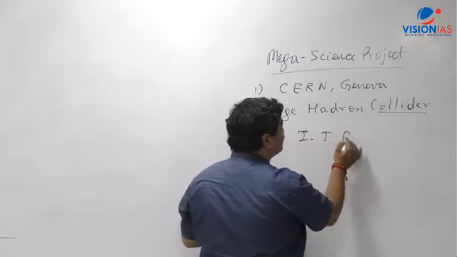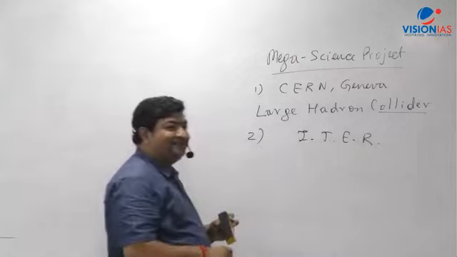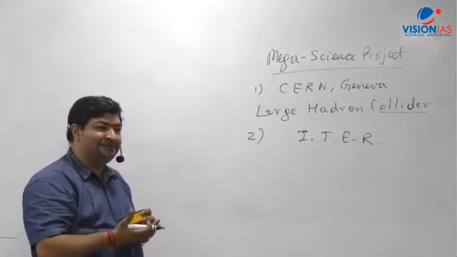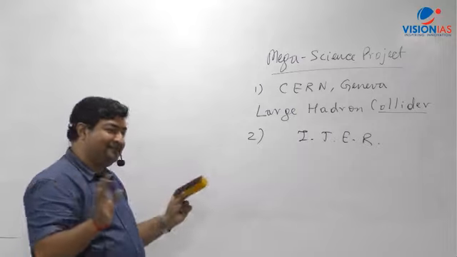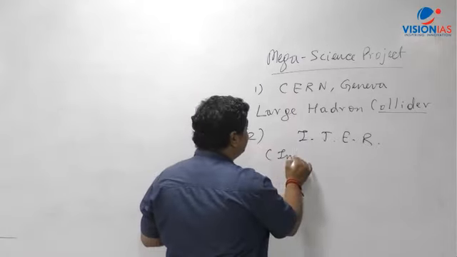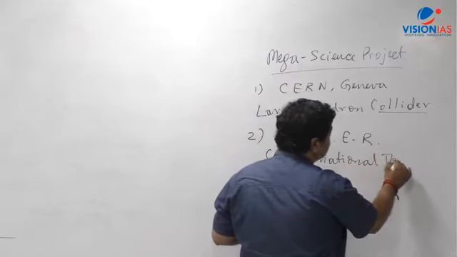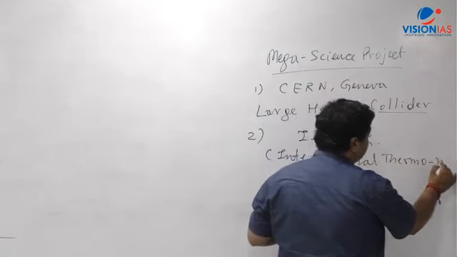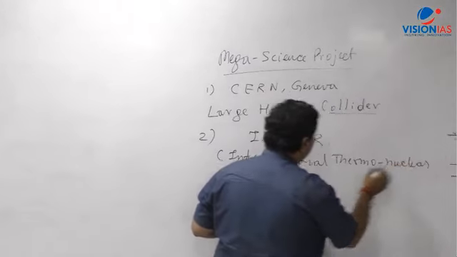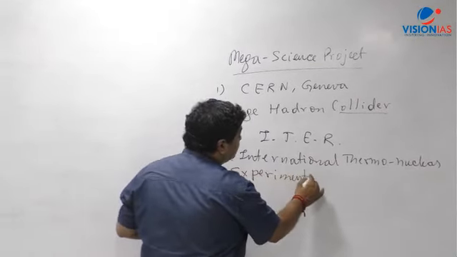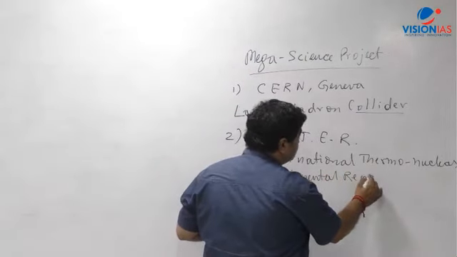What does ITER stand for? It is again linked with France. International Thermonuclear Experimental Reactor. Let me write here. The ITER project is International Thermonuclear Experimental Reactor. There was a direct question asked in the 2016 paper, the prelims exam. Now this is built in the south of France.